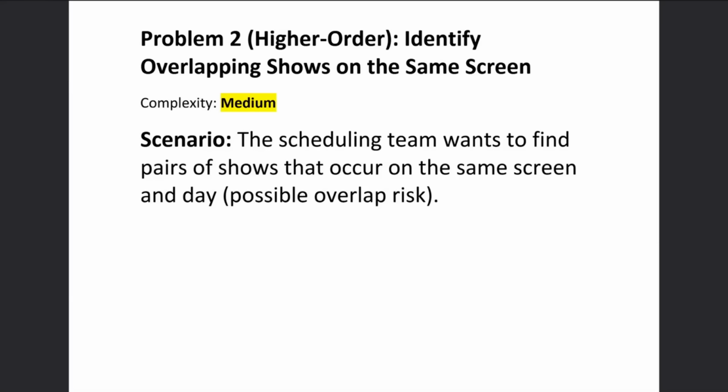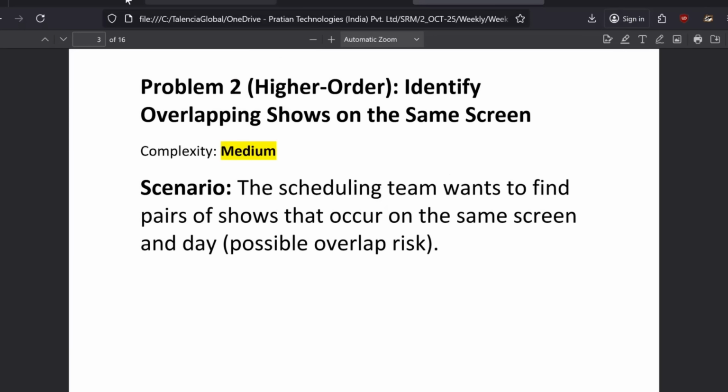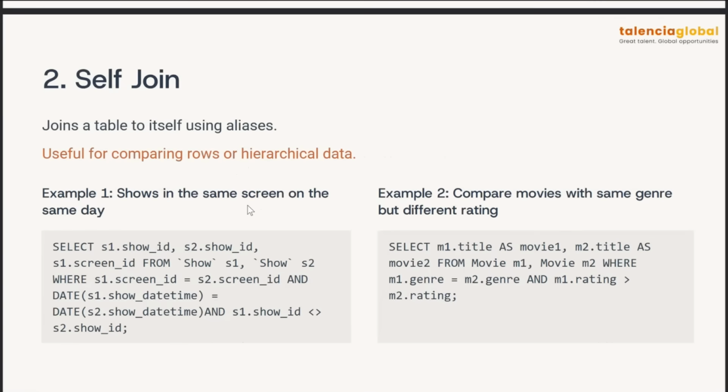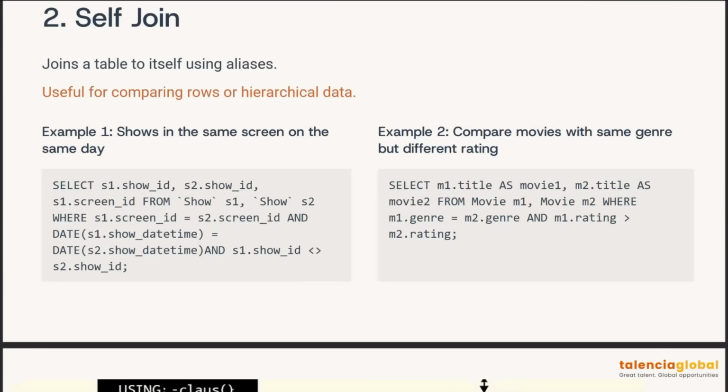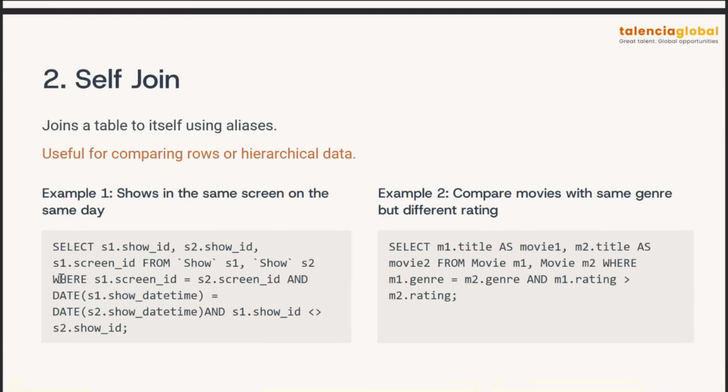Okay, so to understand this, I need to teach you one more topic, which is called self-join. So what is self-join? We know that multi-level join is where we have to join one or more tables. But what about self-join? Self-join is just a normal join, but the table is joined with itself.